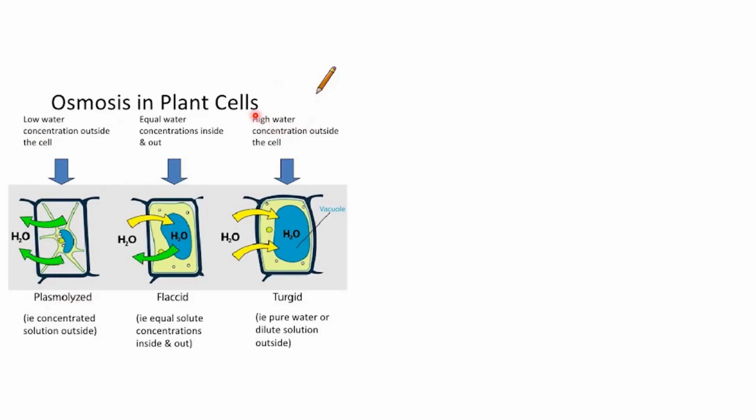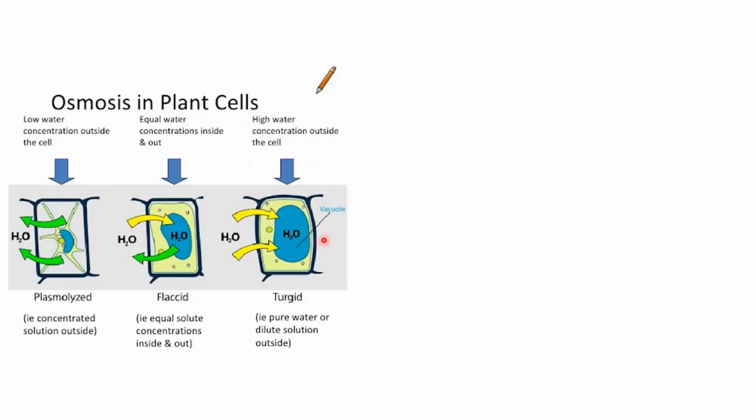Now, on the other hand, if you have higher water concentration outside, means that there is a lot of water near the tree or the plant. So what will happen here? The solutes inside are more as compared to solutes in the water outside. So the water is going to enter into the plant cell.